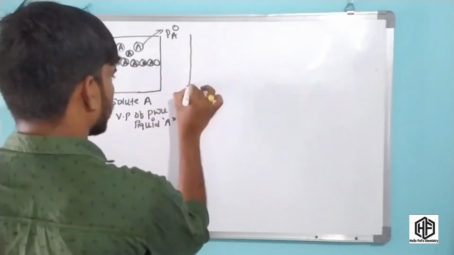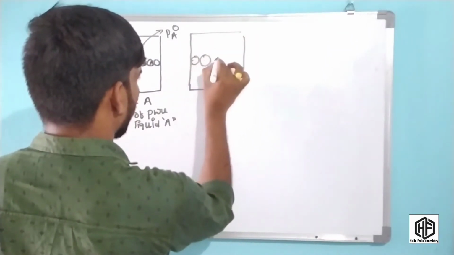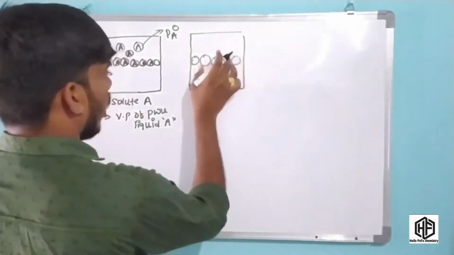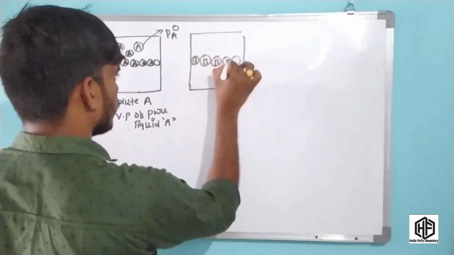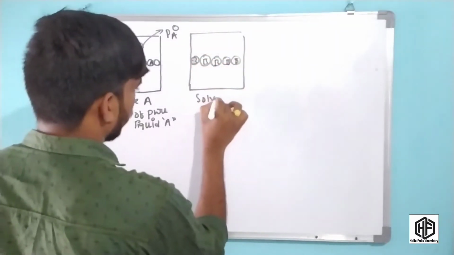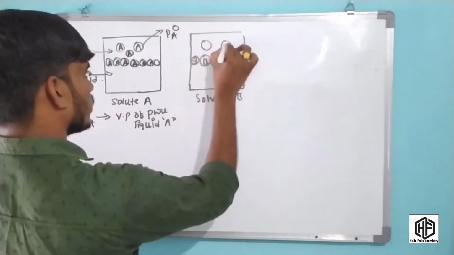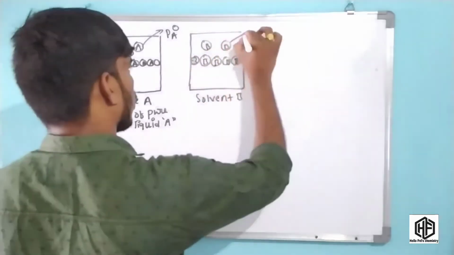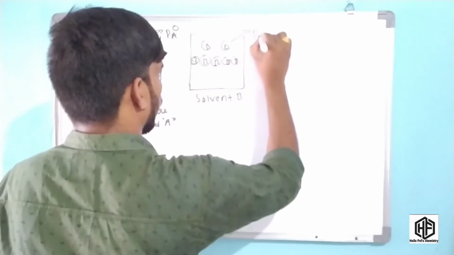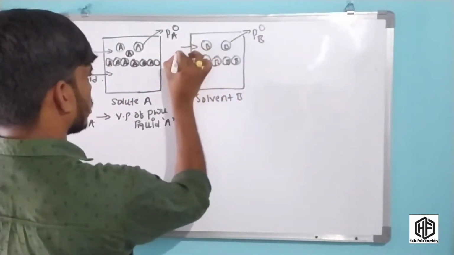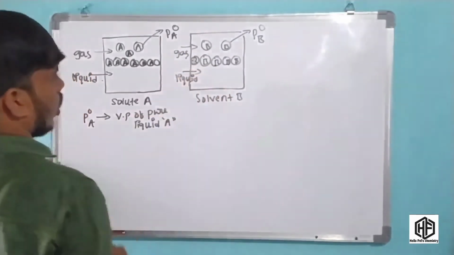Next, I am going to discuss this beaker. This is the vapor, and these are the liquid molecules. On the surface, the liquid molecules are represented by B, and this is the solvent B. These are the gaseous molecules present above B. This gaseous molecule pressure, the vapor pressure, is called PB0.